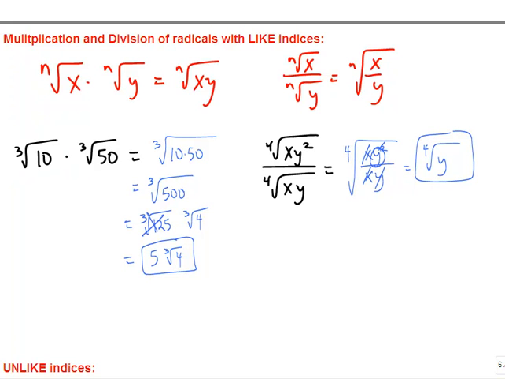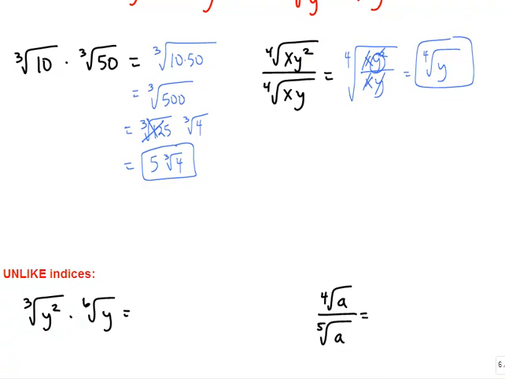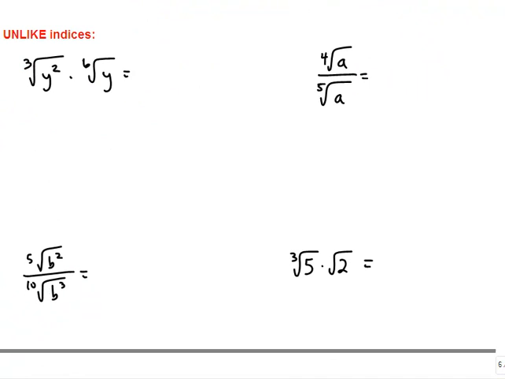Okay? Now what do you do if you have unlike indices? So these are a little bit more complicated. If I have the cube root of y squared times the sixth root of y, we can't multiply y squared times y because we don't have the same type of index for our radicals. They don't match. So we can't apply the rule that we were just talking about.